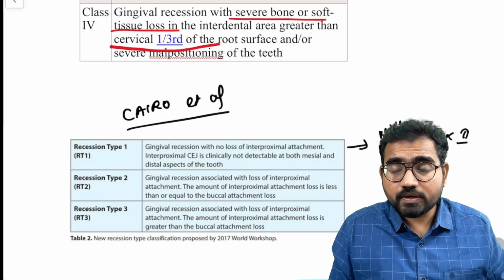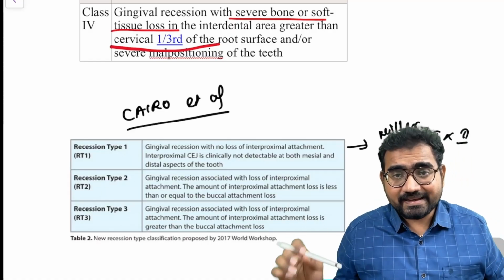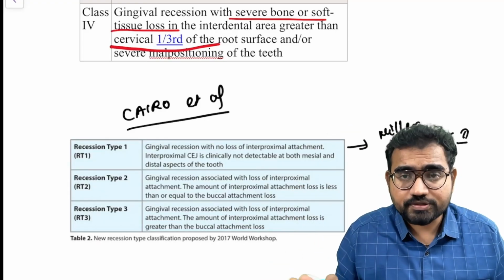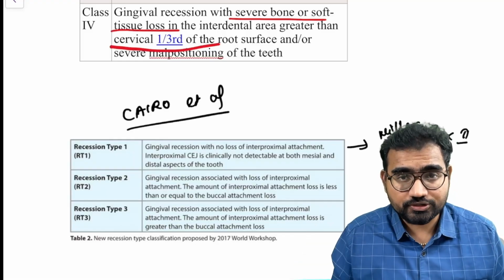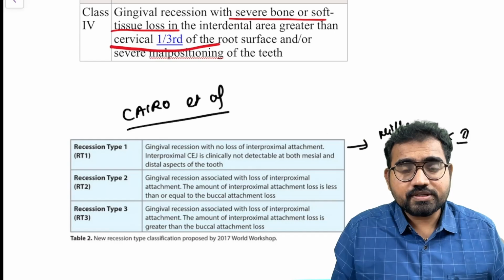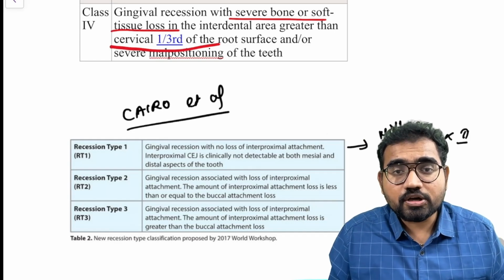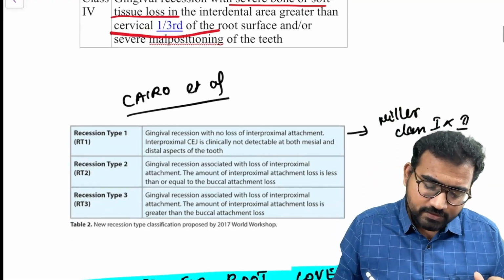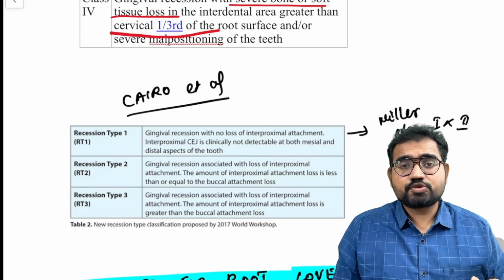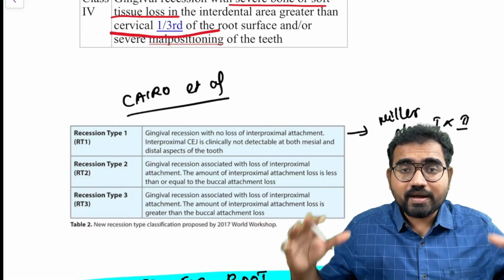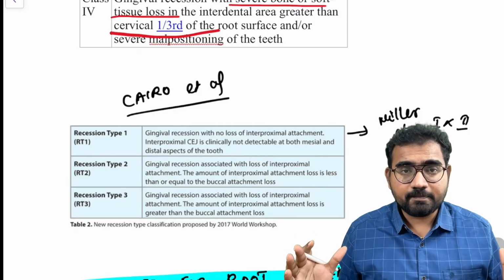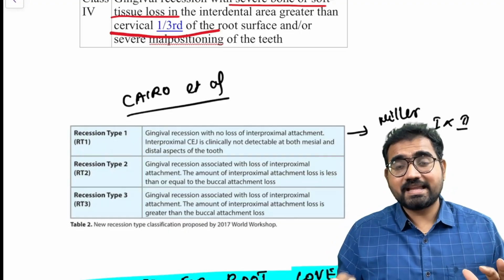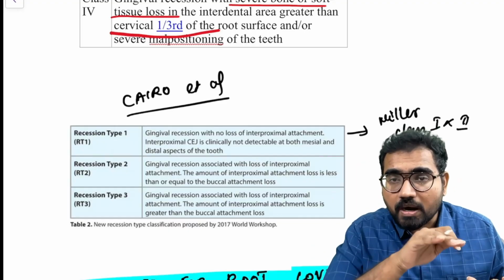In Miller's class 1 and 2, there is not going to be any interdental soft tissue loss or bone loss. There is only marginal tissue recession that does not extend to the mucogingival junction. The same way, there is no interproximal attachment loss and the CEJ is not seen mesially and distally. Now RT2 is the gingival recession associated with loss of interproximal attachment, but the interproximal attachment loss is less than or equal to the buccal attachment loss.